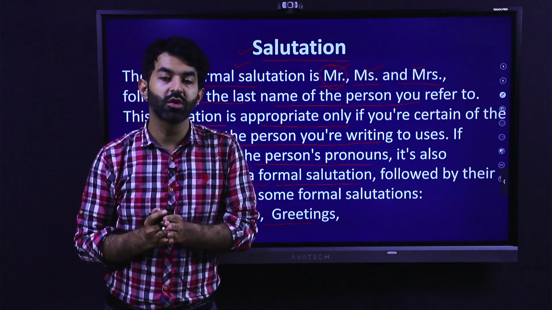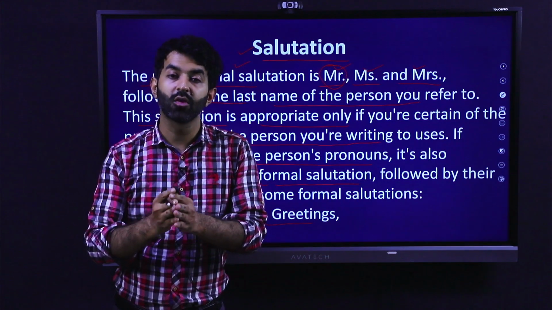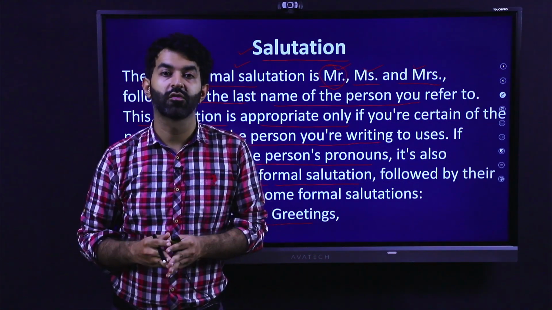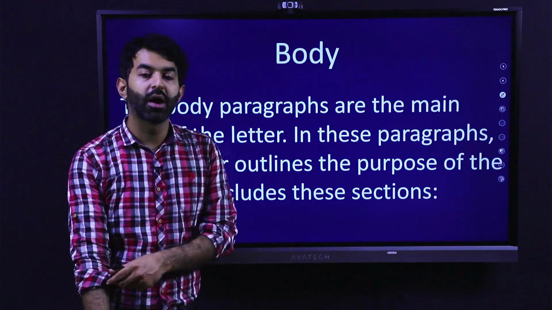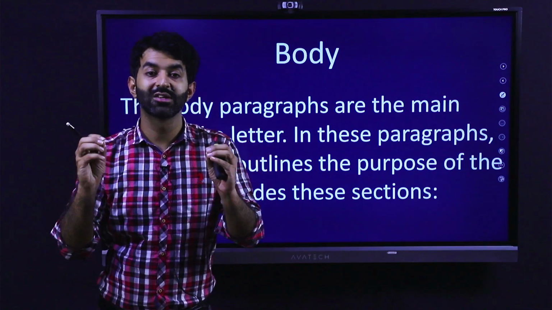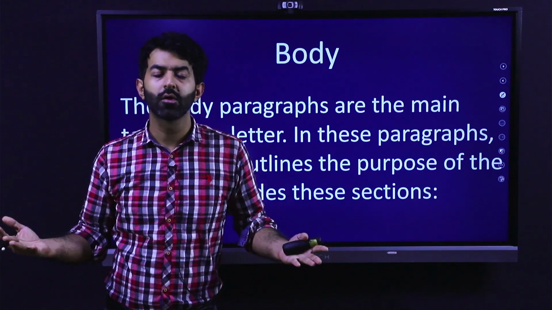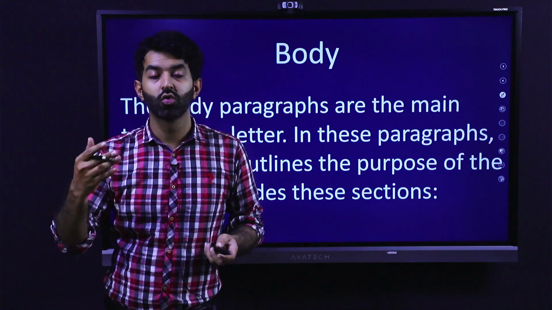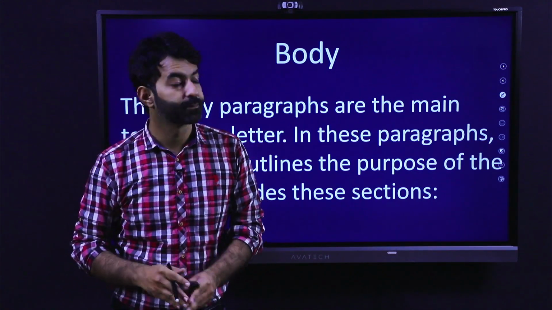Now, this is what we call salutation, and it is always followed by a comma, and in the very next line we start our first paragraph of the body. Here, let's talk about the body of the letter where your message is written. So students, in the body, just like an essay, we can divide our letter into different paragraphs to say something in a very organized way.